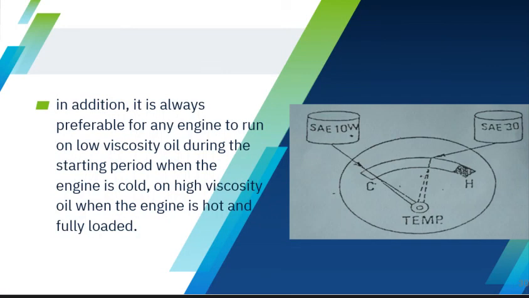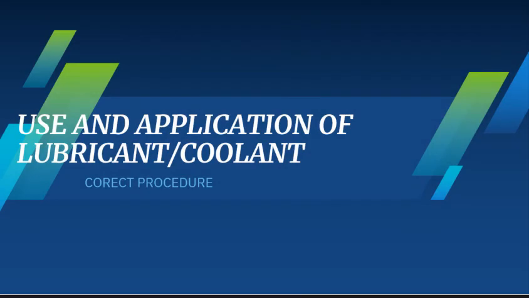In addition, it is always preferable for any engine to run on low viscosity oil during the starting period when the engine is cold, and on high viscosity oil when the engine is hot and fully loaded. For practical reasons, it is not possible to use a low viscosity oil for starting and then change the oil to a higher viscosity when running.